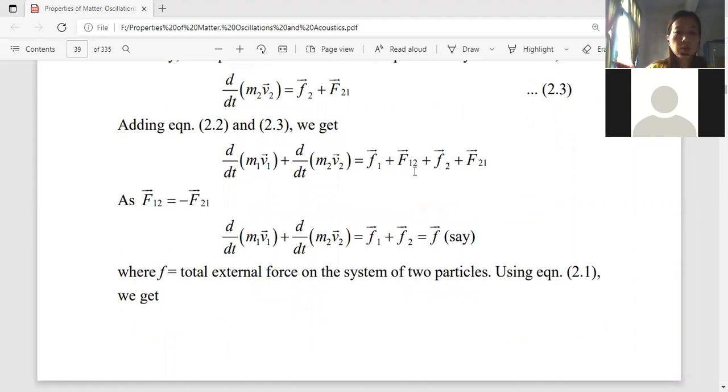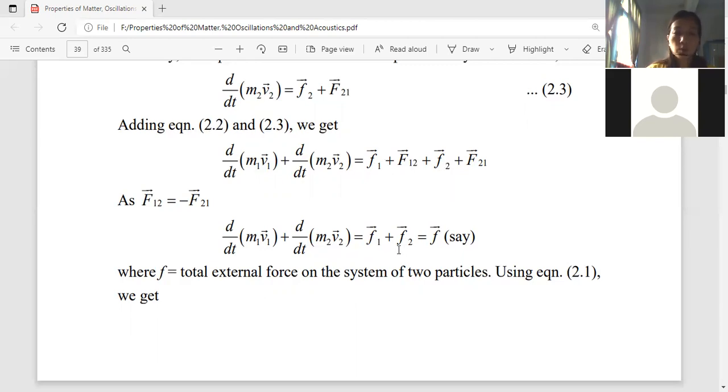Instead of f21, we put minus f12. Plus f12 and minus f12 gives 0, so the internal forces cancel.